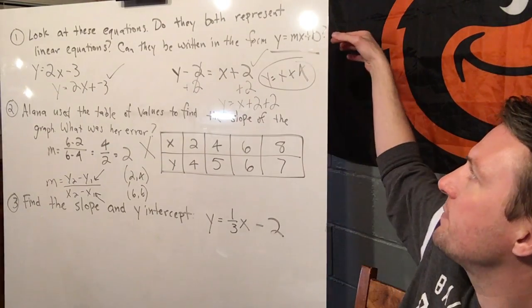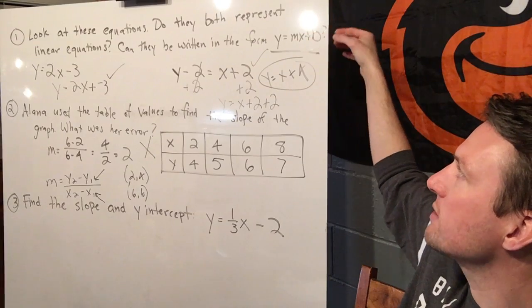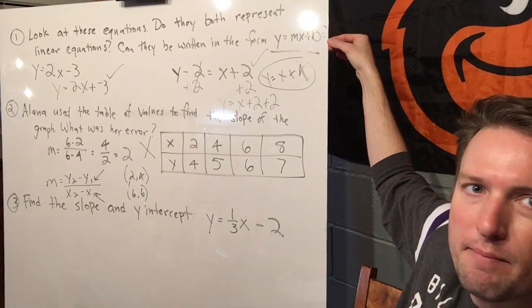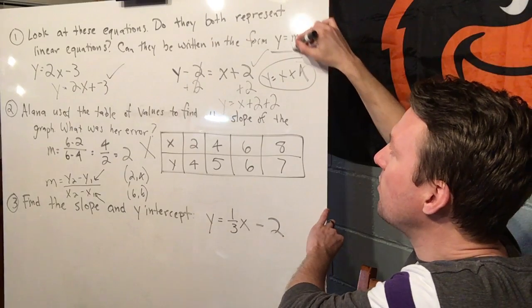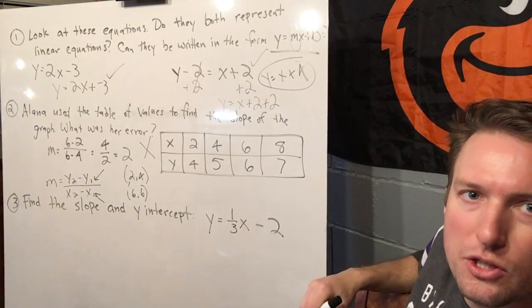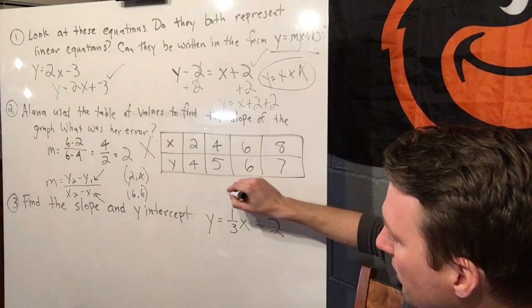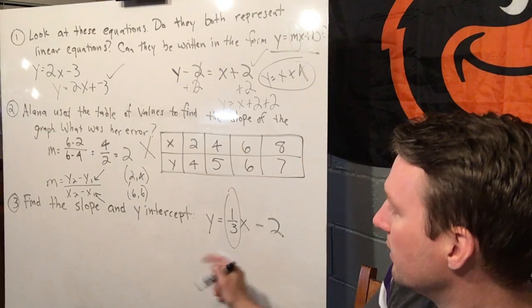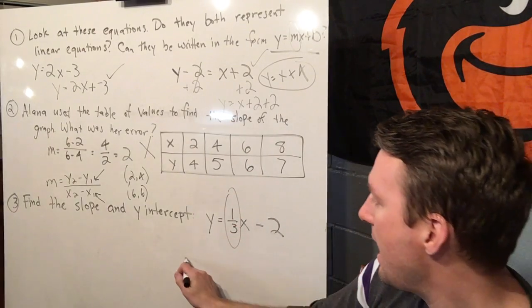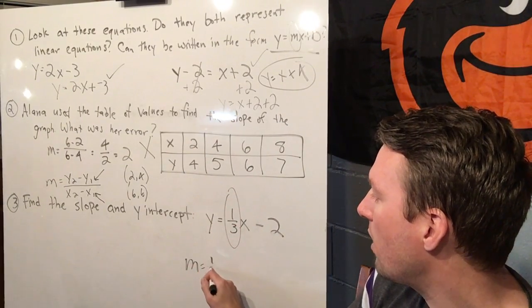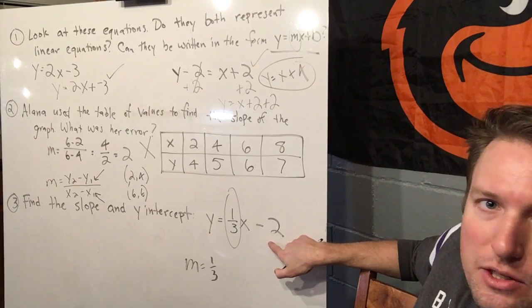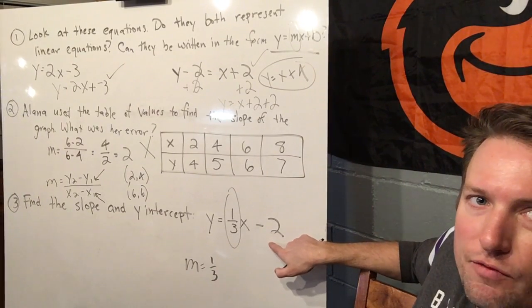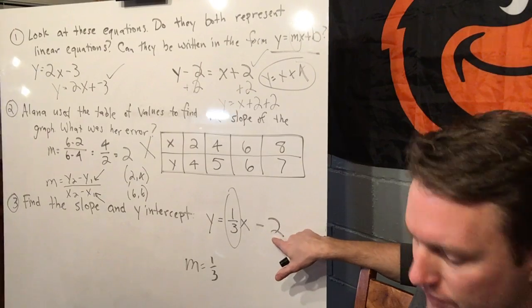Well, going back up to this equation, y equals mx plus b, remember when we were graphing these, okay? The m in this equation would be our slope. So going down here, our slope would be 1/3. m equals 1/3. And our y-intercept would be our initial value, would be -2.